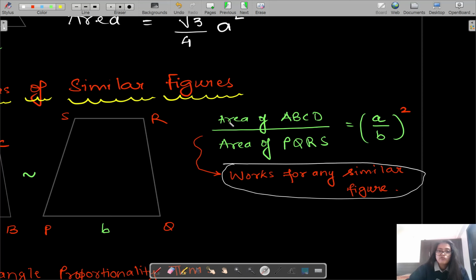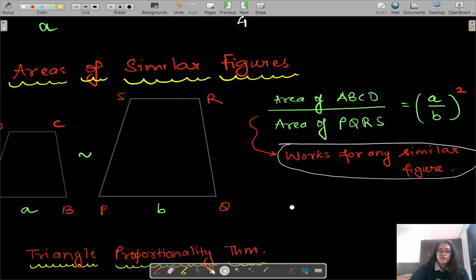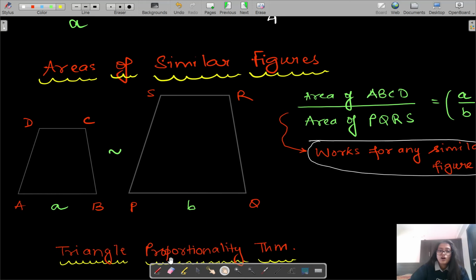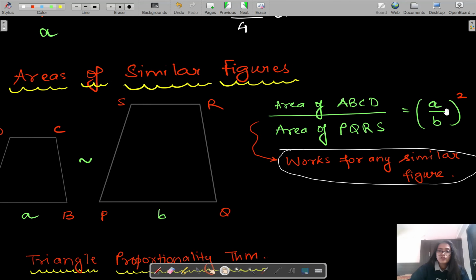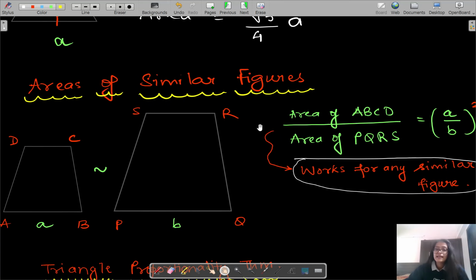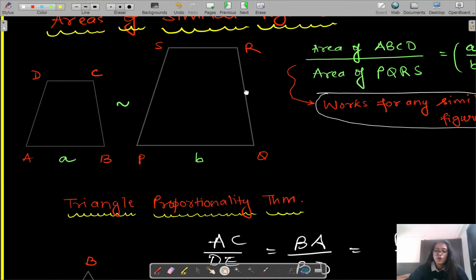Ratio of area of one figure to the area of the other figure will be the same as the ratio of the corresponding sides squared. So here, area of ABCD over area of PQRS, area of this trapezoid over area of this trapezoid, is equal to, first you take the ratio of the sides, A to B, of this trapezoid, and then you square it. This is getting tested a lot on SAT now.